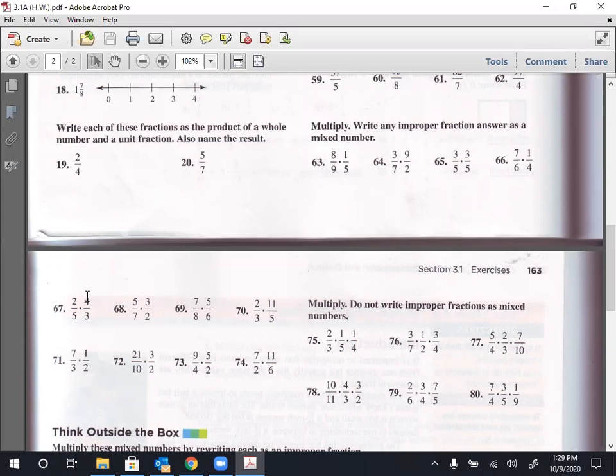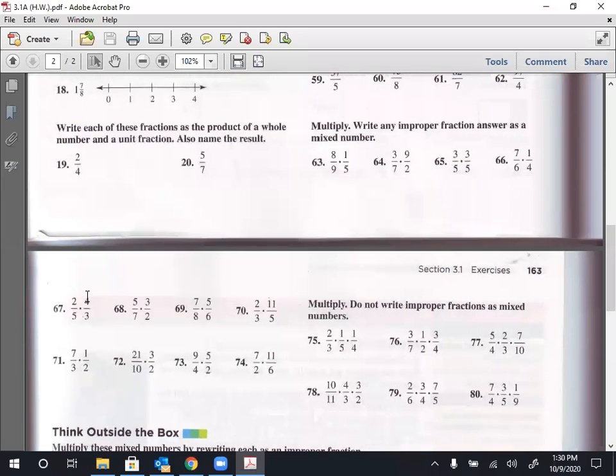So you multiply 7 by 1 and you get 7. And you multiply 3 by 2 and you get 6. Now this is 7/6. The top is bigger than the bottom.